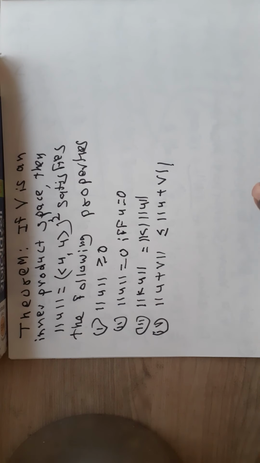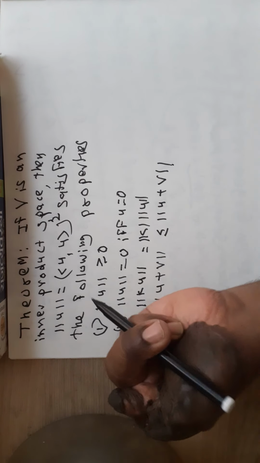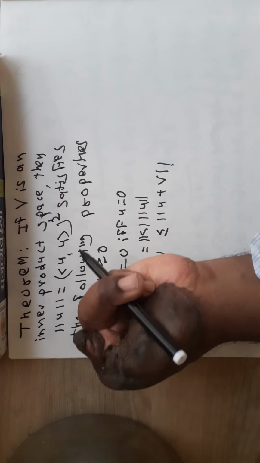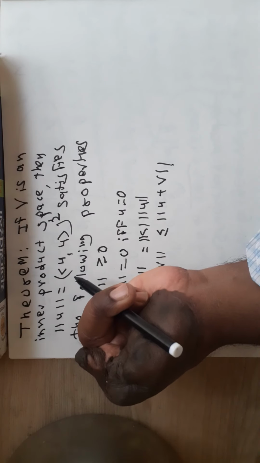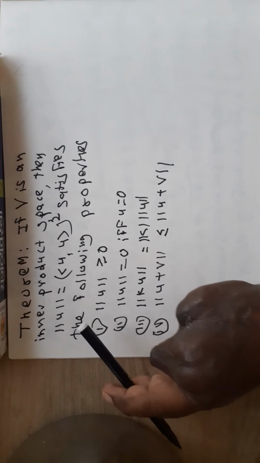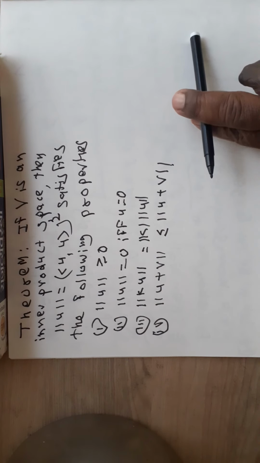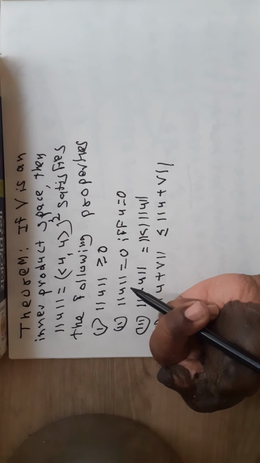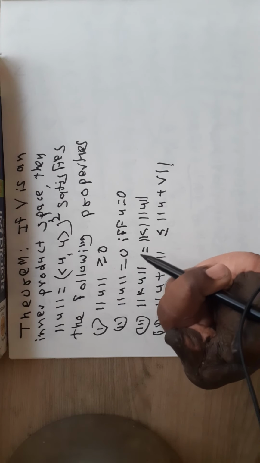Now see this theorem. Suppose V is an inner product space, then the norm of u is the inner product of u with u raised to the power half. This is a real number, the square root of a non-negative real number. Now this norm of u satisfies the following properties. Number 1, the norm of u is greater than or equal to 0.